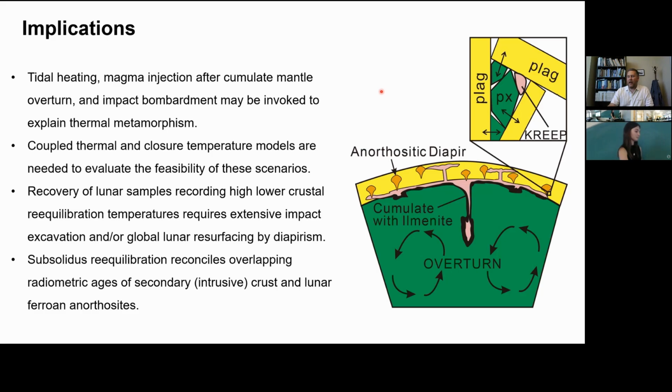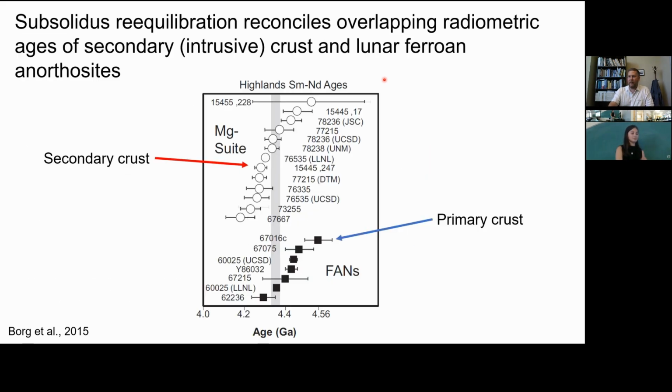But yes, I think the textural evidence is there, and to me, this is almost a smoking gun that there had to be thermal metamorphism, unless the magma ocean solidified instantaneously and the MG suite was produced right afterward, within the uncertainties of these ages.